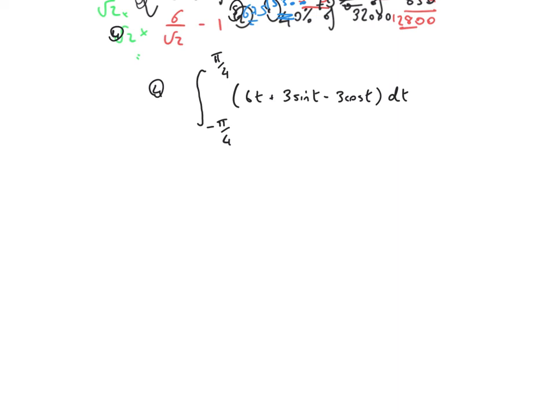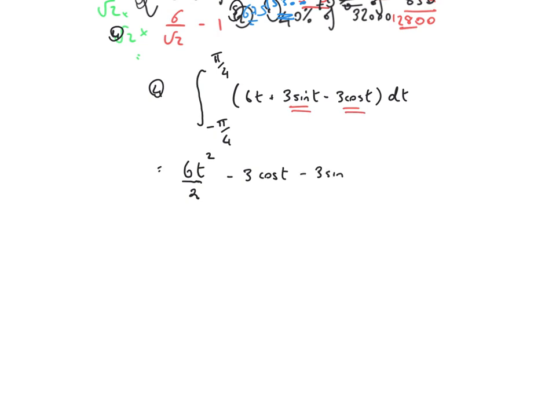Okay, so that's going to be 6t squared over 2. Remember that if you integrate sine, you get minus cos. So that's minus 3 cos t. And if you integrate cos, you get sine. So if you integrate minus cos, you must get minus sine.